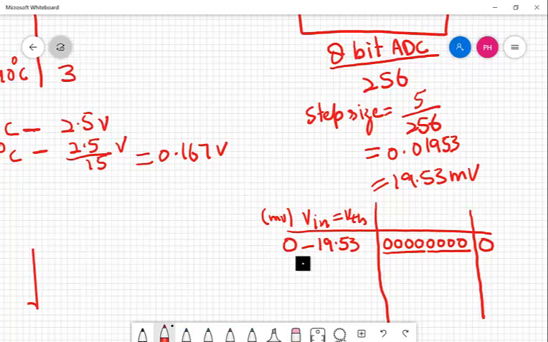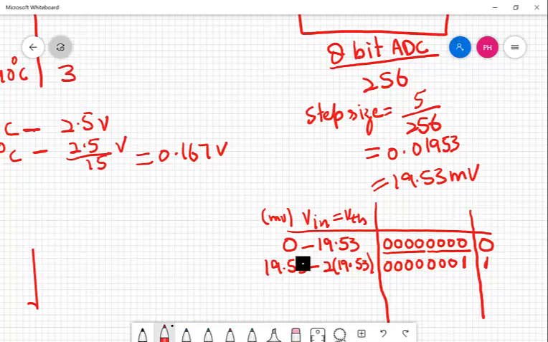And when the input is between 19.53 millivolts to twice 19.53 millivolts, output will be 0 0 0 0 0 0 0 1, that is 1.